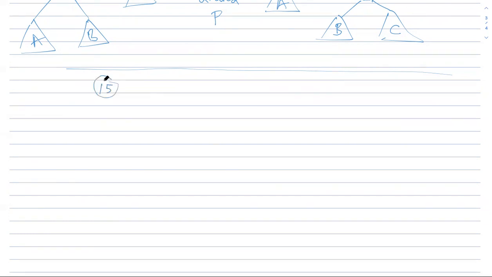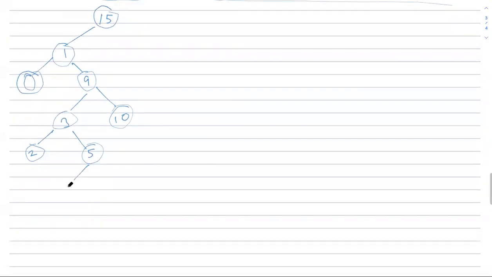So you have 15 here, you have 1 here, 0 here, 9 here, 3 here, 10 here, 2, 5, then 4, then 7, 6, then 8, then here you have 20.